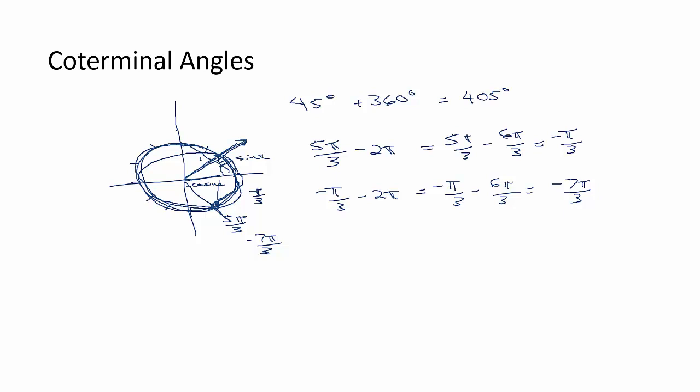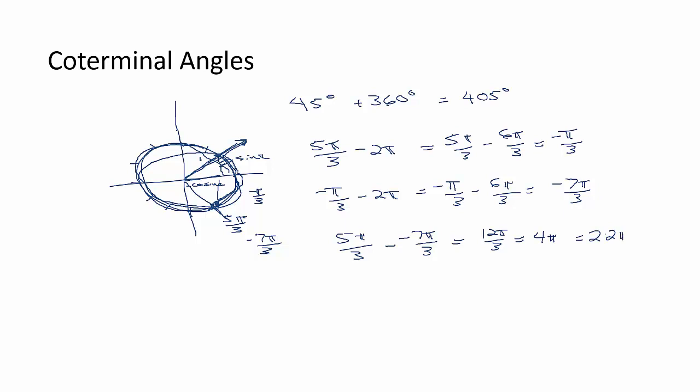You can tell whether or not two angles are coterminal because if they're coterminal, the difference, if they're in radian measures, is going to be a multiple of 2 pi. So we could tell that 5 pi thirds and negative 7 pi thirds are coterminal if we subtract them. 5 pi thirds minus negative 7 pi thirds is going to be 5 pi thirds plus 7 pi thirds, which is 12 pi thirds, which reduces to 4 pi, which is a multiple, right?